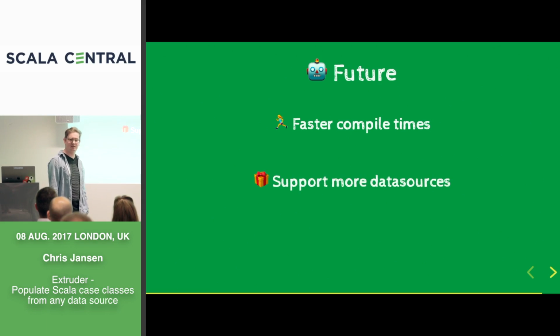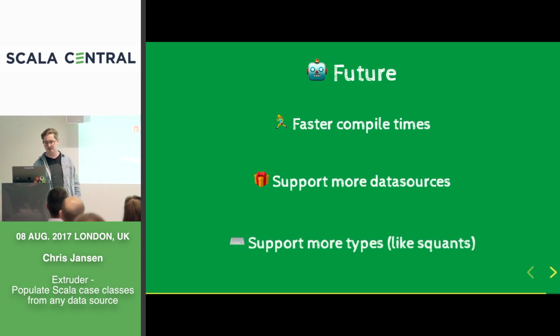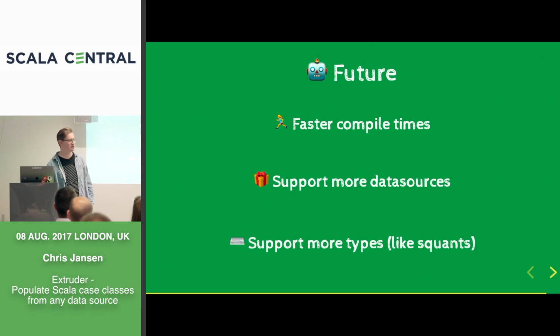Support more data sources, so things that will exercise the side effecting functionality in Extruder, so maybe one for Redis, HashiCorp Vault, JDBC maybe, all of those. Support for more types like squants.